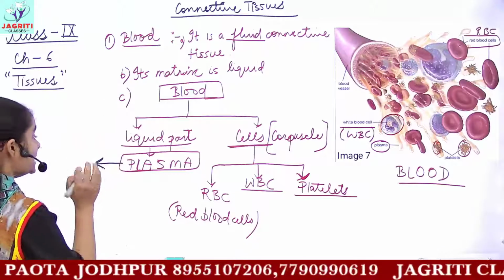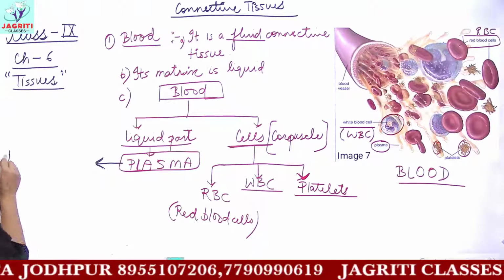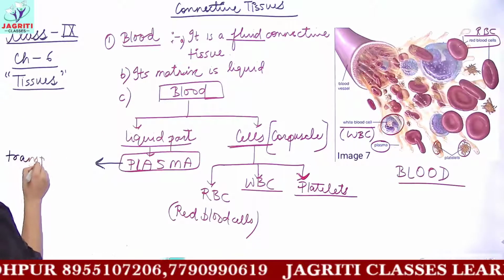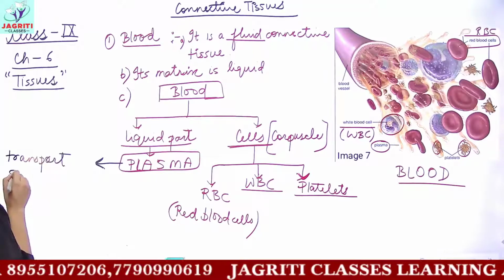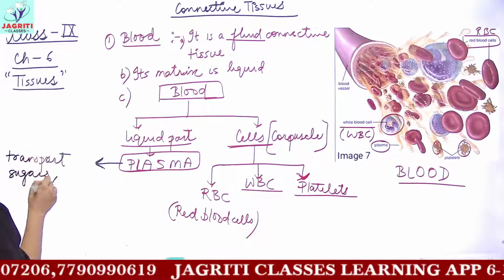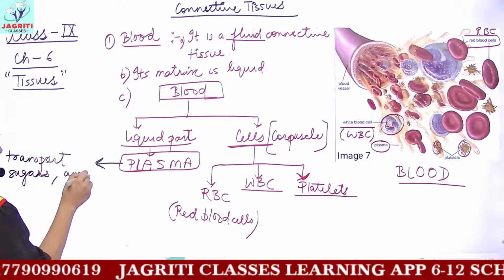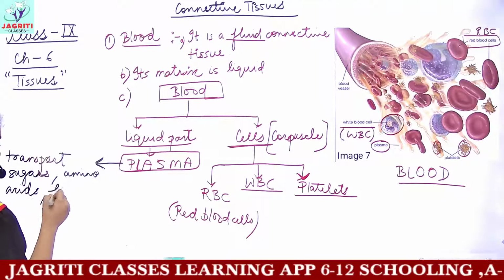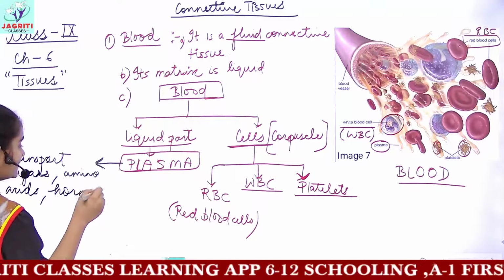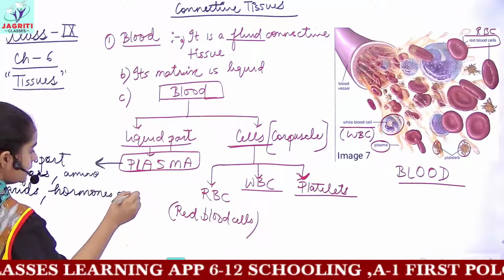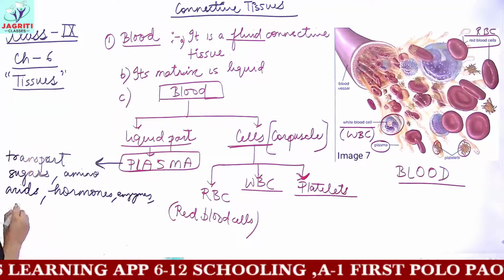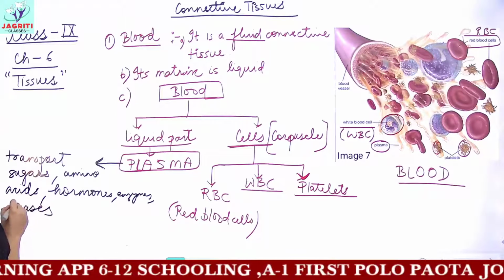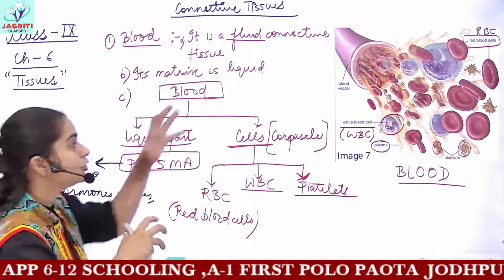So the main function of plasma is to transport sugars, amino acids, hormones, enzymes, and different gases throughout the body.